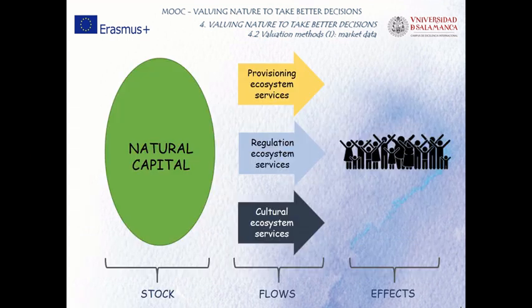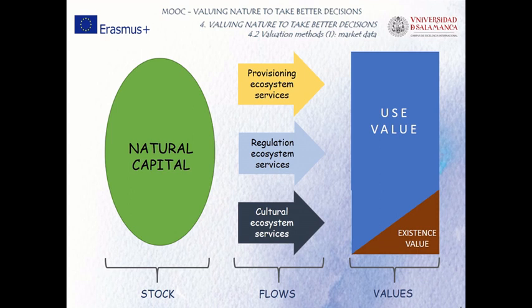So if we relate this to the roadmap in section 2, that section in which we related the natural capital to the benefits to people by way of the ecosystem services, we might say that the provisioning ecosystem services all have a use value, either present, future or optional. The regulation ecosystem services have a use value as well, either present, future or optional. The cultural ecosystem services might in some cases have use value, and in some other cases they have a non-use value, an existence value.